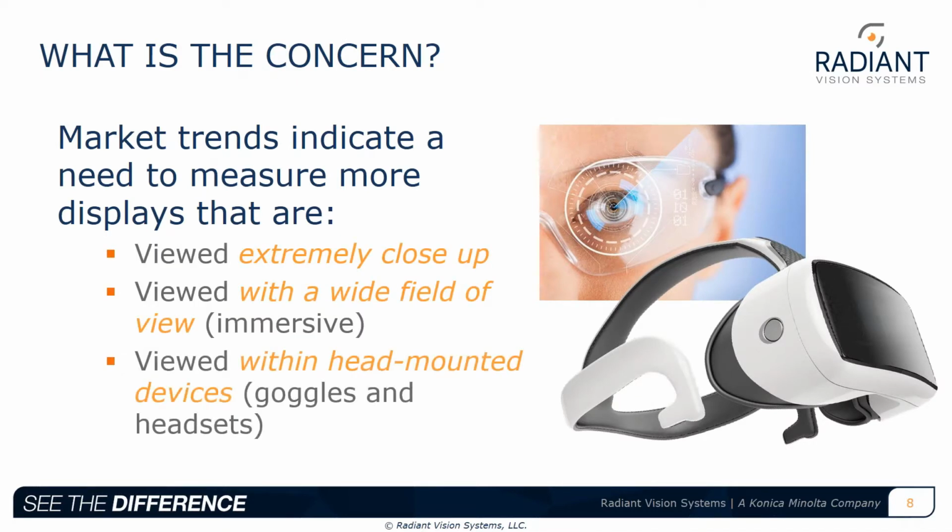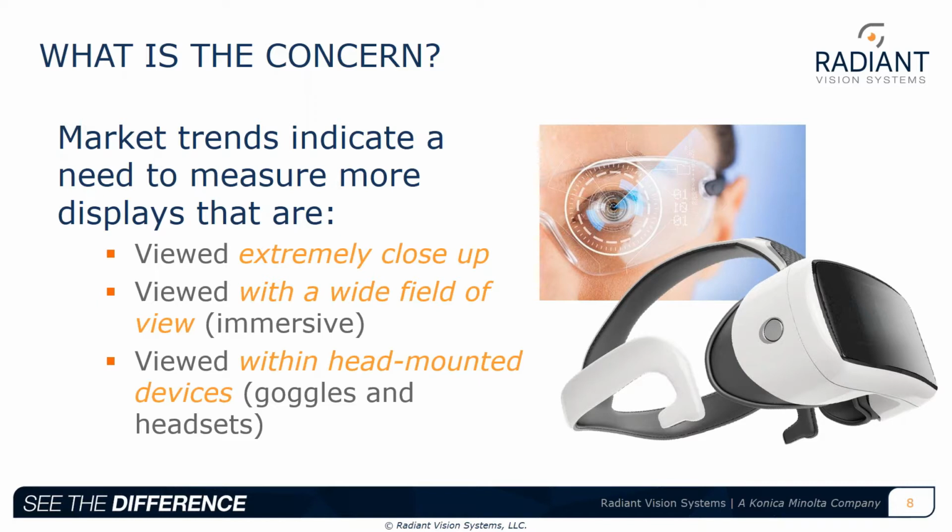These displays are unique in that they will be viewed extremely close up. Radiant supports a number of applications for more standard display technologies like monitors, tablets, and mobile devices. Those are all viewed at a distance, whereas a near-to-eye device is probably just a few centimeters from the pupil of the human eye.